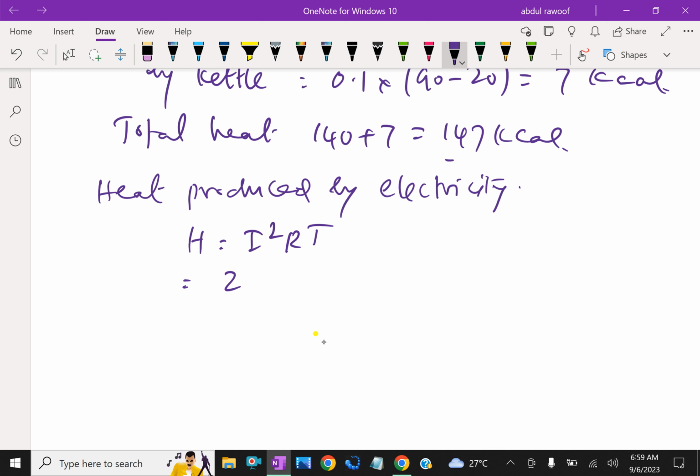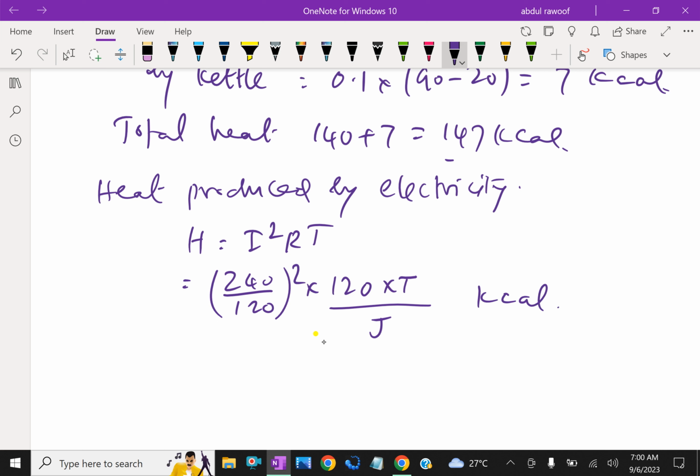Voltage is 240, resistance is 120, and time we need, divided by joule in kilocalories.